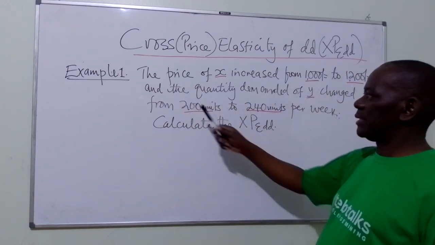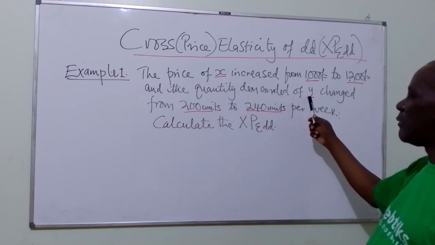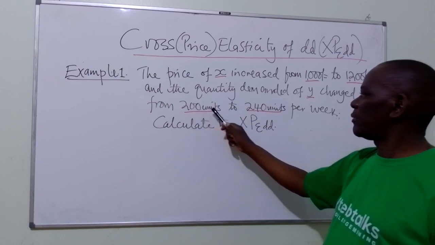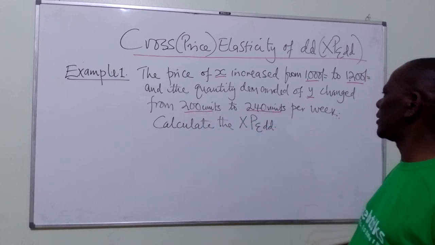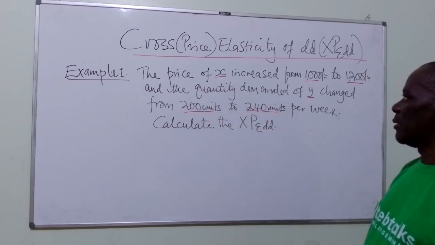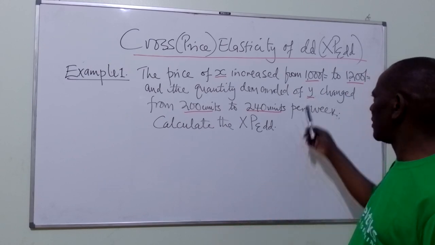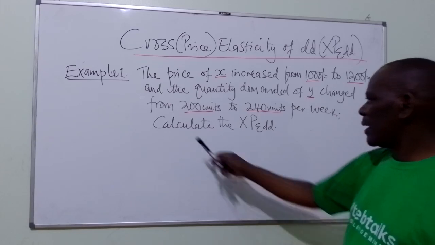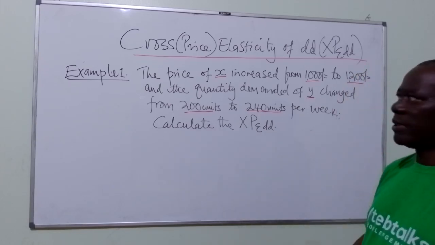When that happened, the quantity demanded of Y, which is another commodity, changed from 200 units to 240 units per week. Calculate the price elasticity of demand.